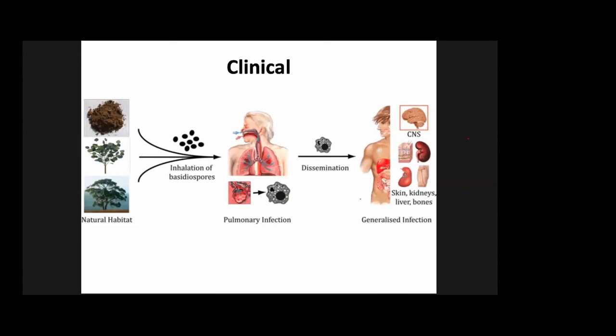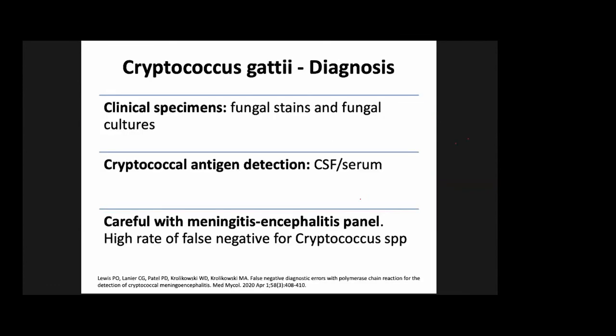As with Cryptococcus neoformans, you acquire this through the lungs, and after that you will have a dissemination to the brain, the kidneys, the skin, or the bones. The principal method of diagnosis here is cryptococcal antigen. This could be in the CSF or in the serum. You need to be careful with the meningitis encephalitis panel because it has a high rate of false negatives for Cryptococcus.